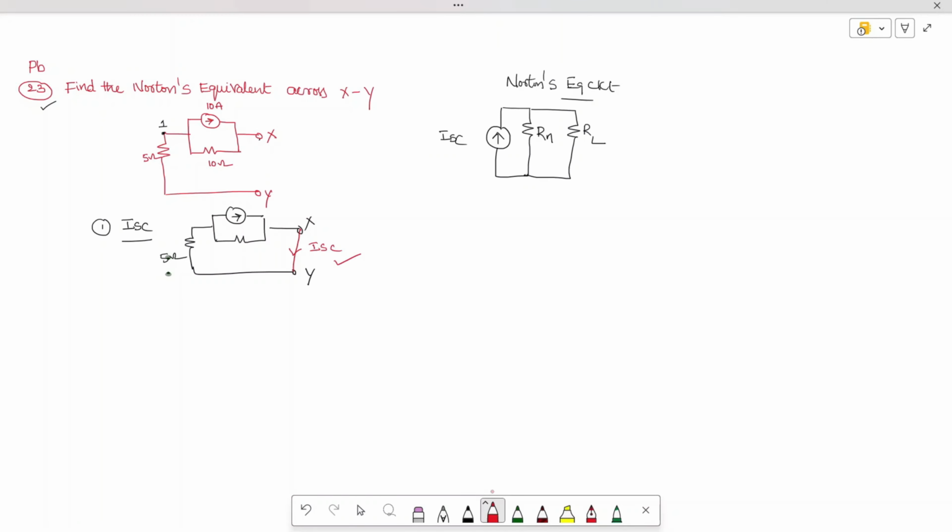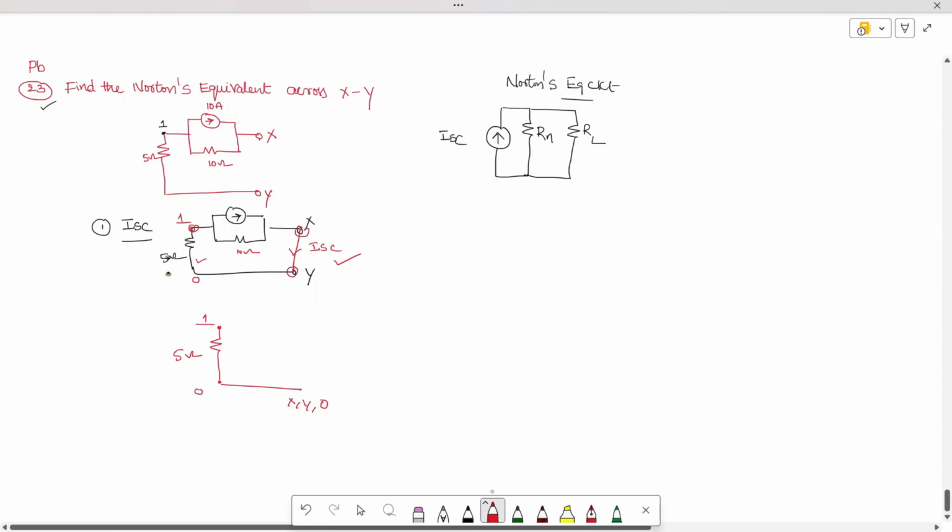Whenever you look into this problem, this is connected between 1 and 0. Now I'm redrawing the network. I'm marking this as node 1, and this as node 0. What is the element connected? 5 ohm. Now between 1 and x, or y, and 0, what are the elements connected?